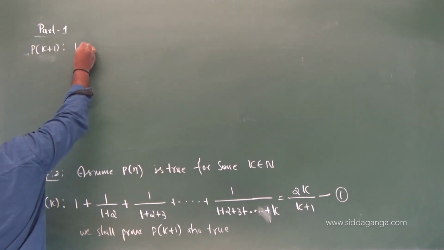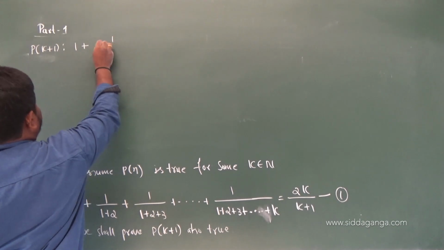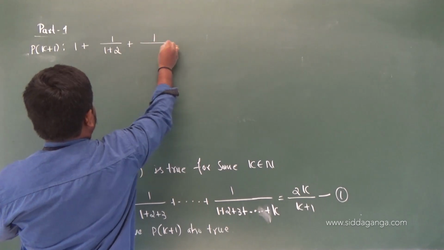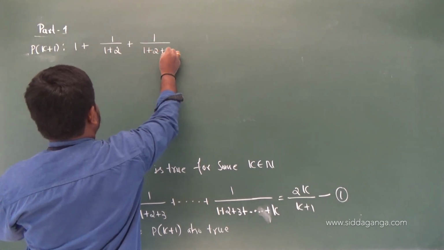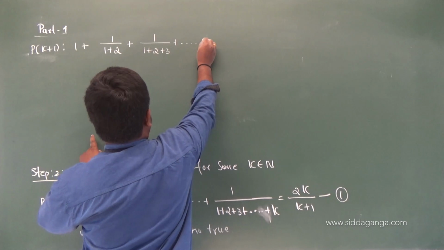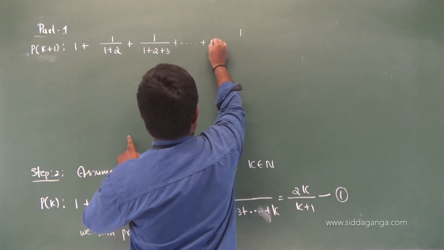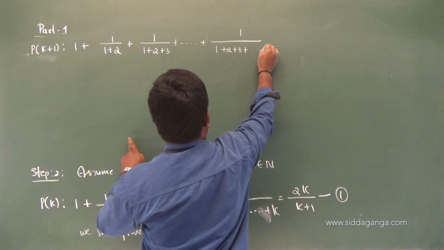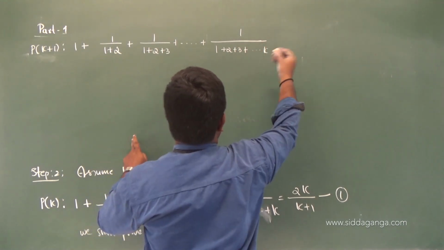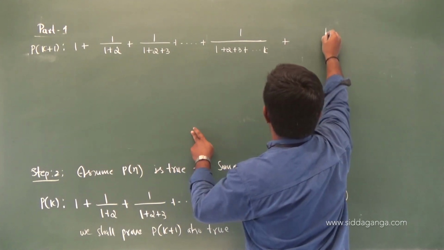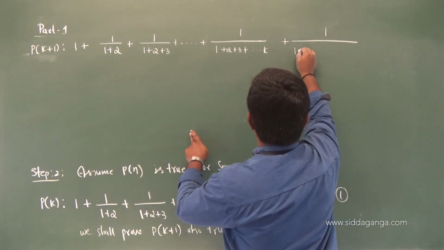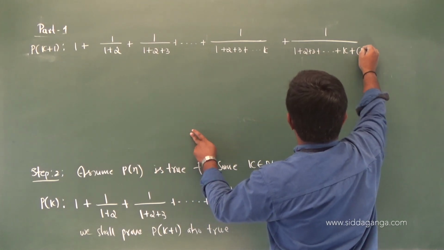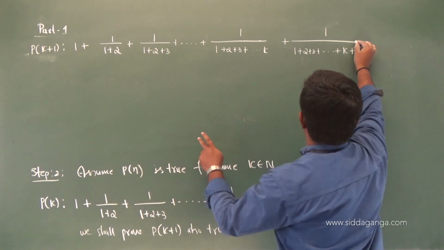The first term is 1, the second term is 1 by 1 plus 2, the third term is 1 by 1 plus 2 plus 3, so the kth term is 1 by 1 plus 2 plus 3 plus up to k, and the k plus 1th term becomes 1 by 1 plus 2 plus 3 and so on up to k plus 1. This is the k plus 1th term.